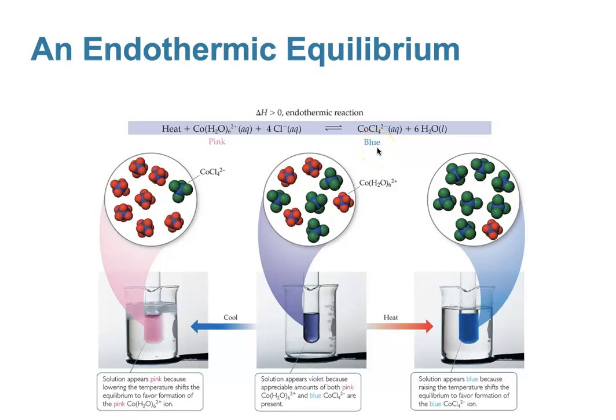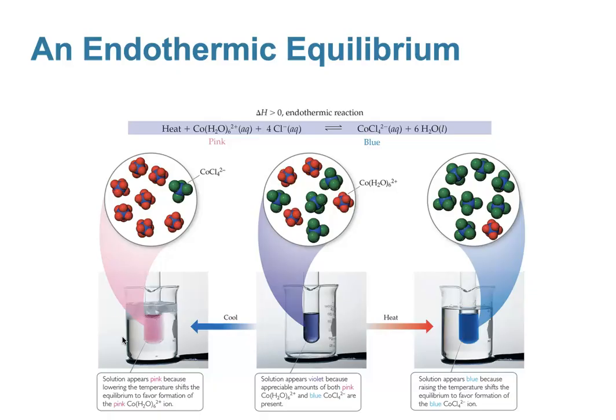So what happens is when I increase the heat, it shifts to the opposite side and the reaction appears blue, because it's going to favor this blue ion. When I decrease the heat, it's going to shift to the left and it's going to turn pink.